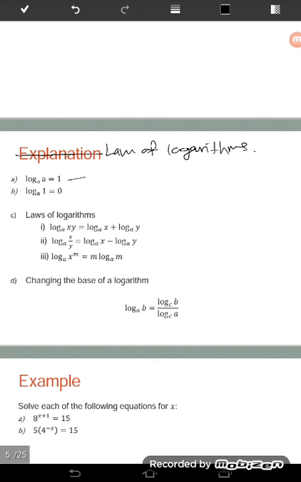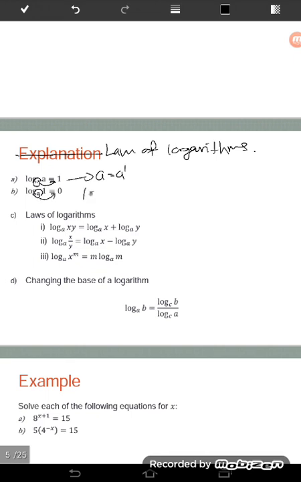Okay, so this one actually from index, which is a is equal to a power of 1. So a ni bawa pergi ke sebelah, tolak 1 naik atas, which is a kuasa 1. So that's why log a base a is equal to 1. And this one also from the index, a bring to the right.